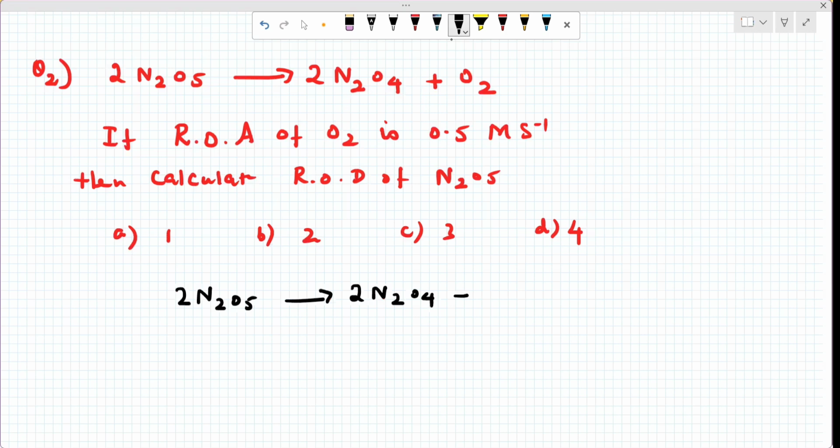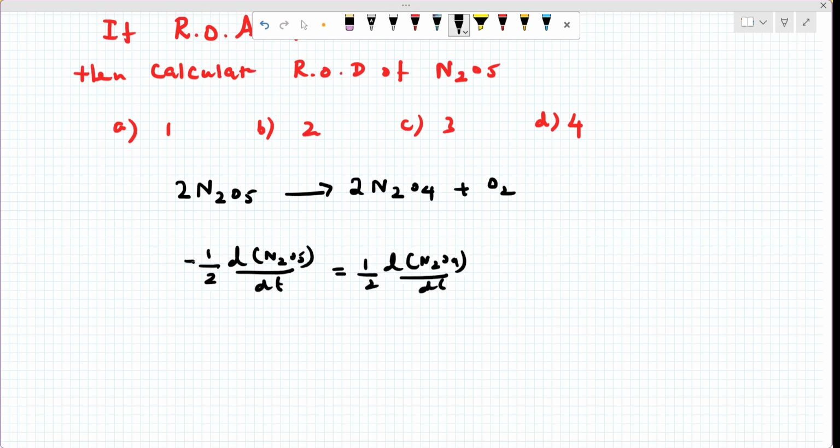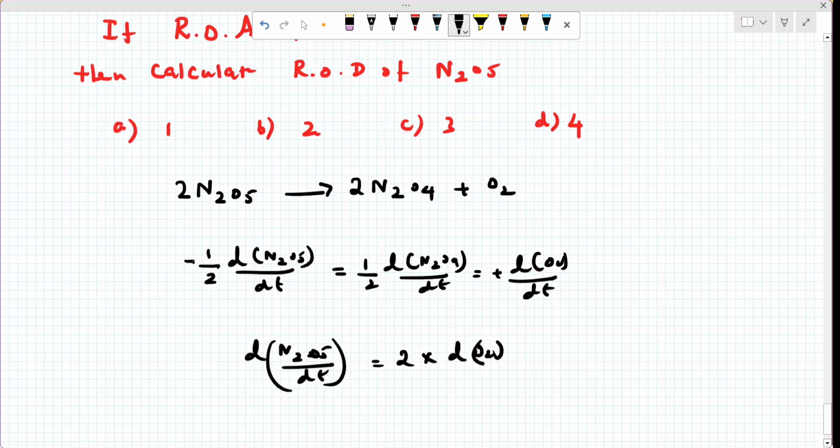2N2O5 gives 2N2O4 plus O2. What is the formula? Minus 1 by 2 into d[N2O5] by dt equals 1 by 2 into d[N2O4] by dt equals plus d[O2] by dt. They only link N2O5 and O2, so take those two. They are asking for N2O5, therefore d[N2O5] by dt equals 2 times d[O2] by dt.